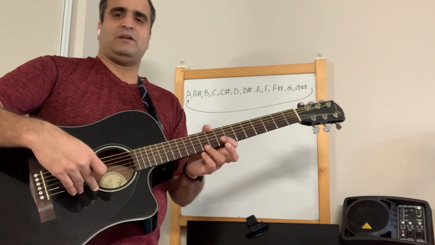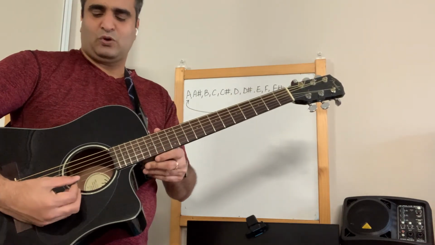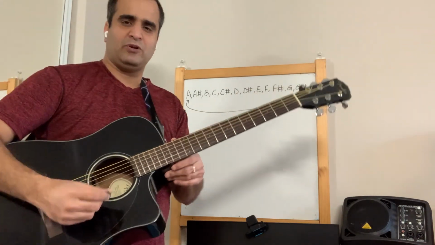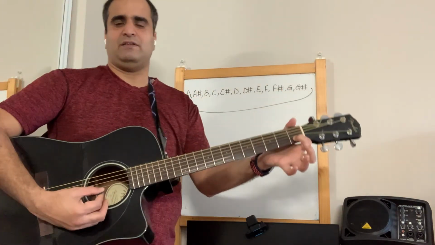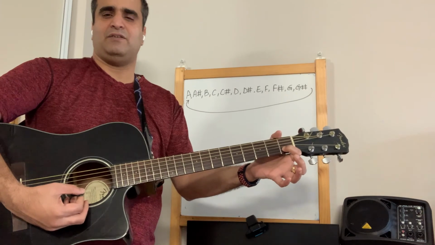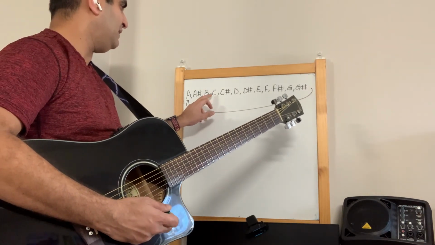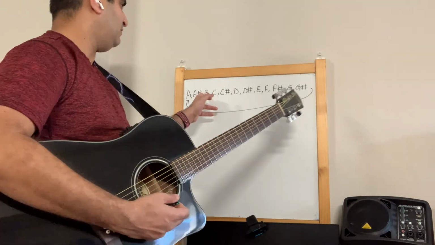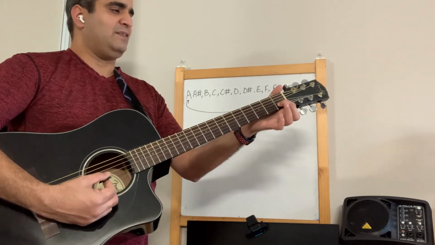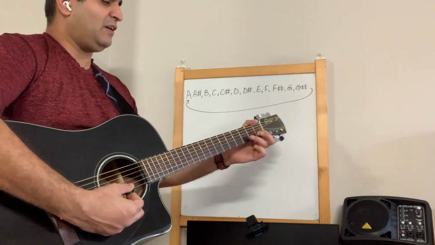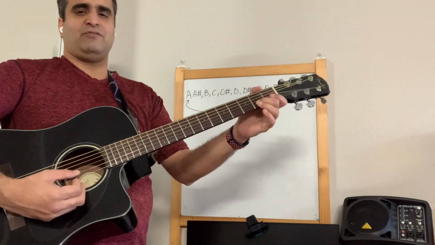Let's take another string. Let's take the second string. Second string, open position is B, if you recall my second string lesson, right? And the first fret was C, if you remember from the lesson, right? So if you see here, B and C, there is nothing between them. That's why open is B and first fret is C. Then we learned the third fret, which is D. Okay, then what is the second fret then?